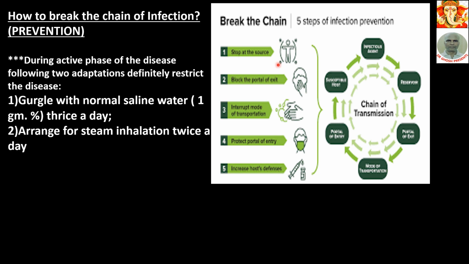So the source is limited. Then you can block the portal of exit. That is, whenever he will sneeze or cough, he will always use some object to guard, like a handkerchief. Interrupt mode of transportation. All persons, particularly those who are not infected, have to wash hands again and again with soap and water.